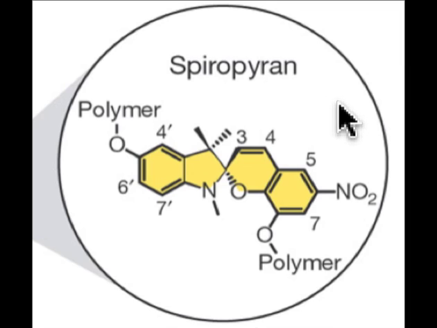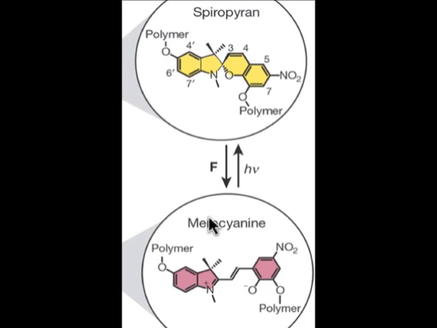We call it a mechanophore, meaning a mechanically sensitive unit. This bond, the carbon-oxygen bond, undergoes bond scission on a 6-pi electrocyclic ring opening reaction to generate this highly colored form, a merocyanine. One of the resonance contributors that's shown here is the 6-pi electrocyclic ring opening product.